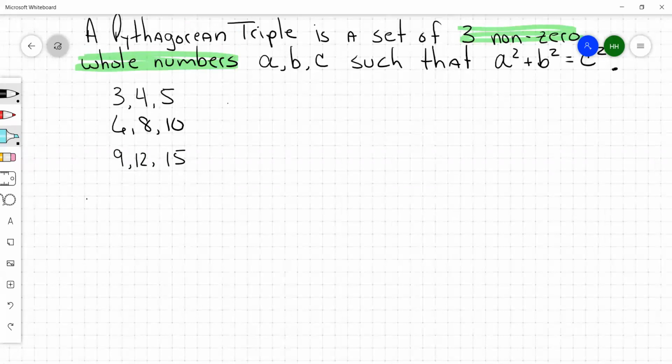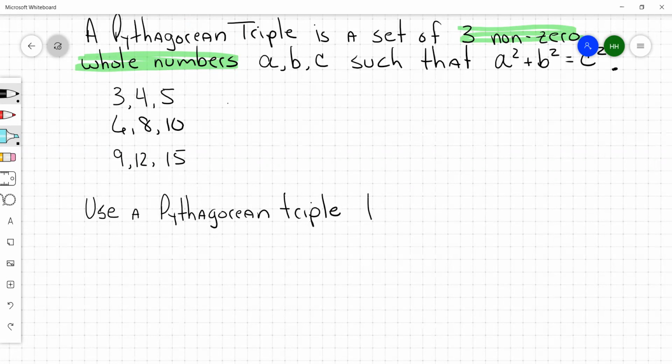So if you're asked to use a Pythagorean triple to find x, all the Pythagorean triple means is that the numbers all need to be whole numbers.